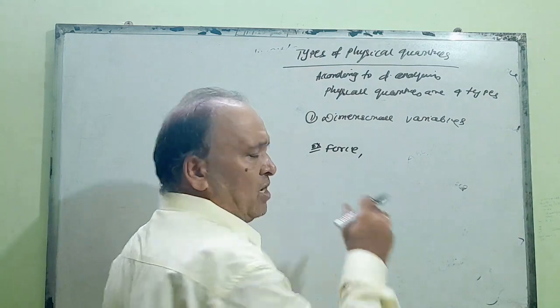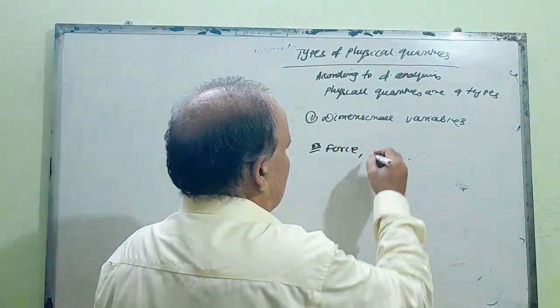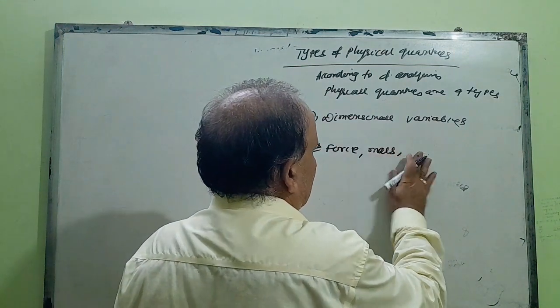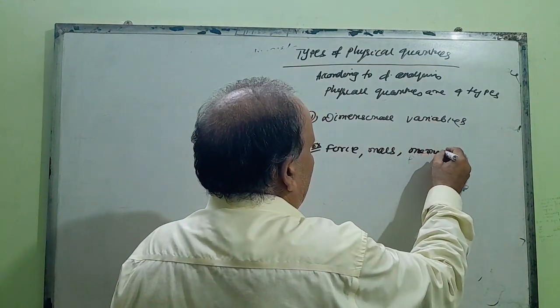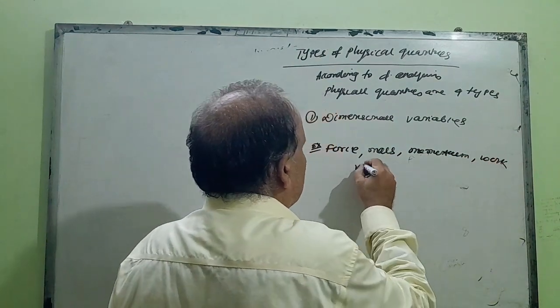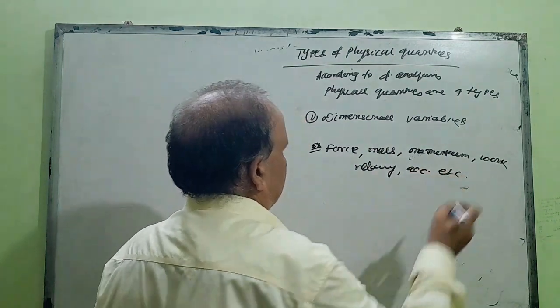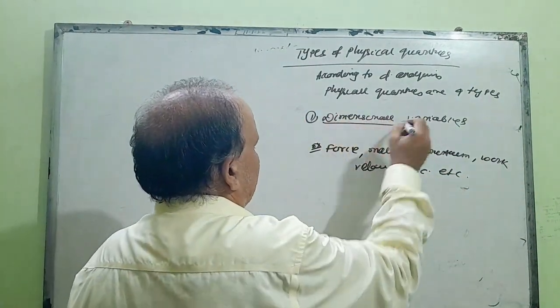And it has a dimension. You know its dimensional formula is M1 L1 T to the power minus 2. Then mass, momentum, work, velocity, acceleration, like this. These are dimensional variables.